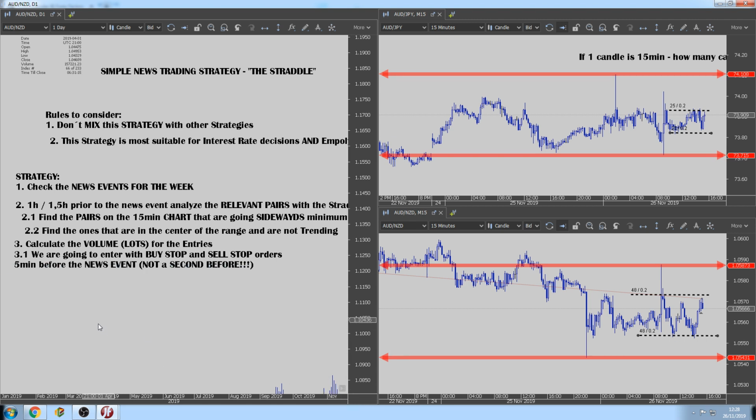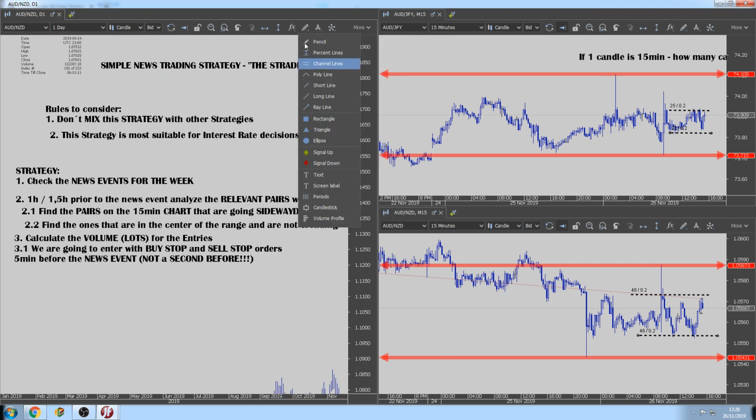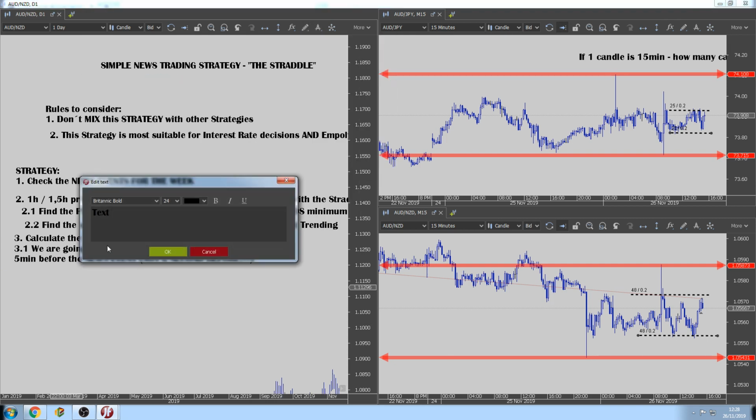Now calculation. So on my demo account, everybody, the calculation goes like this, I have capital, more or less, $50,000, and I need to decide risk, how much do I want to risk in percentage per trade.